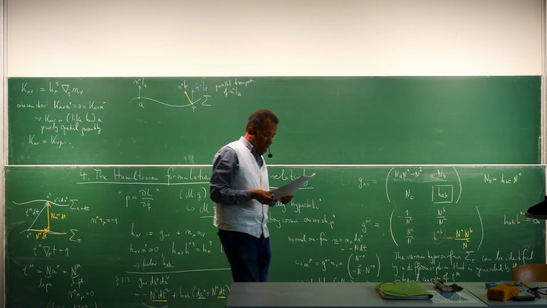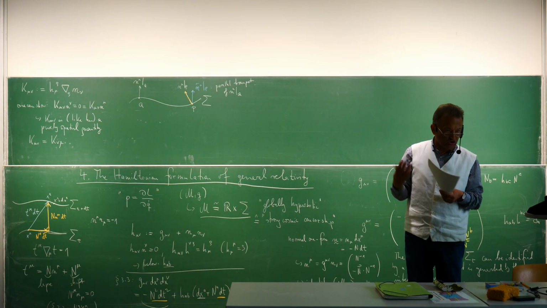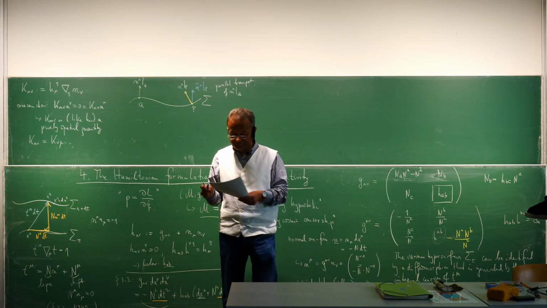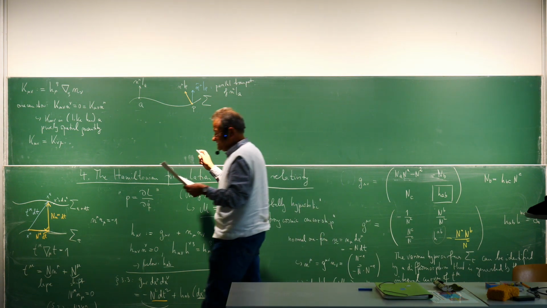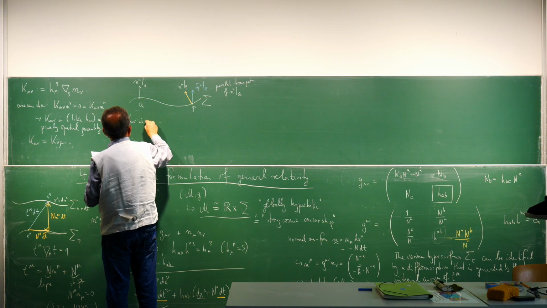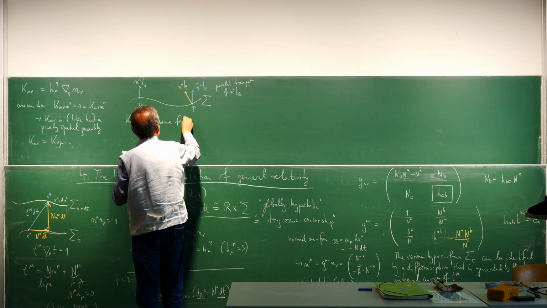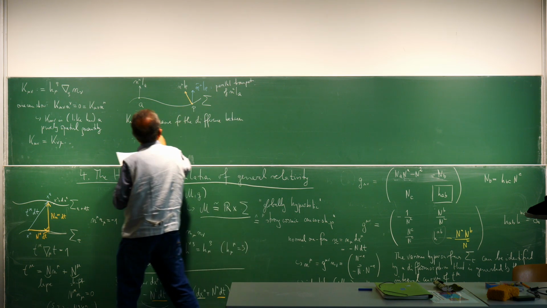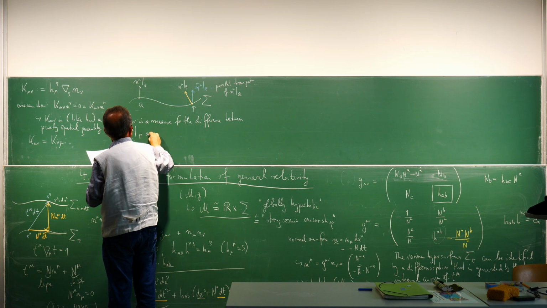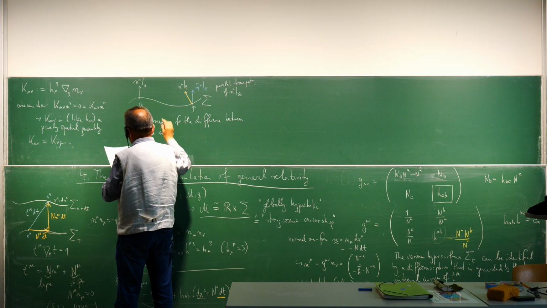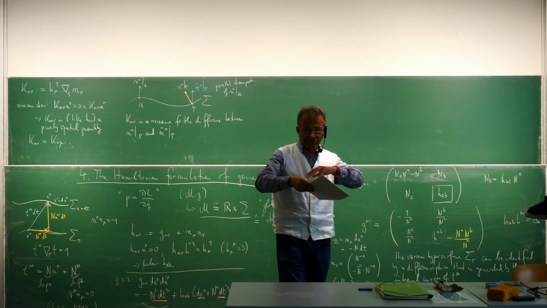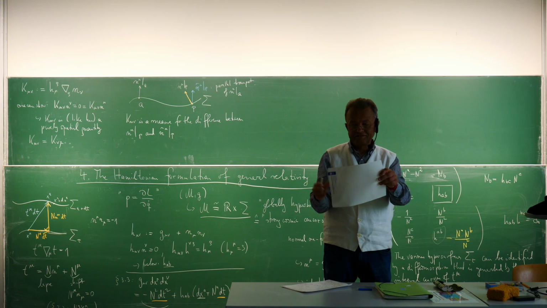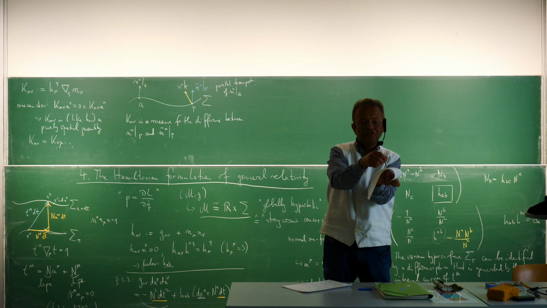And in fact, K_μν can be defined as a measure for the difference between n^μ at P and ñ^μ at P. And so it gives, so to speak, the embedding curvature, because this is the three-dimensional hypersurface, and if this is curved, it means you look from outside and you see that the normals then change. No?